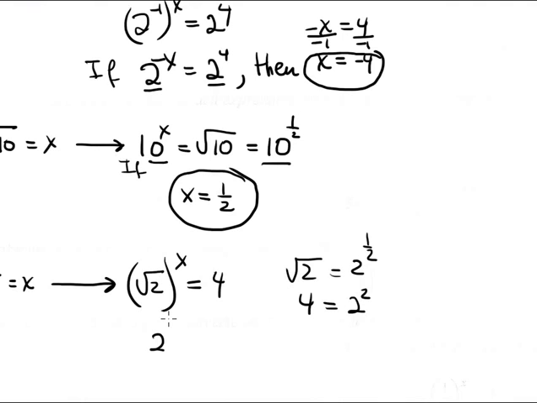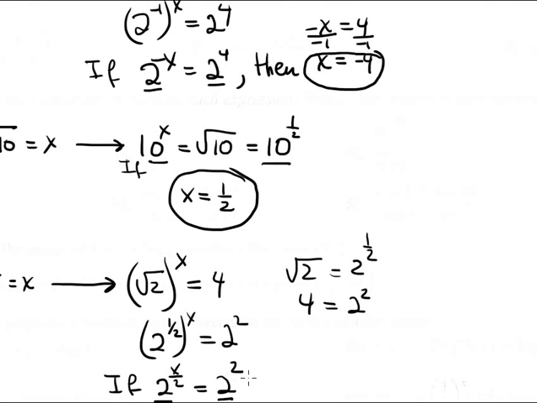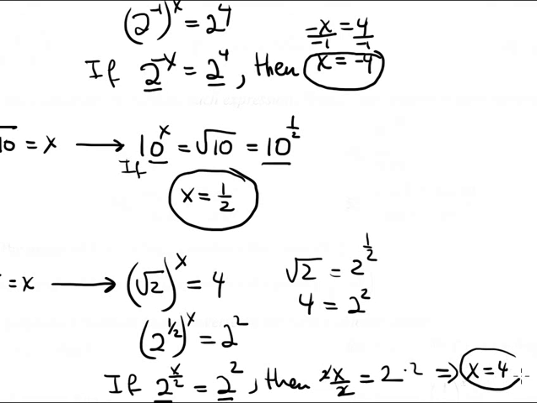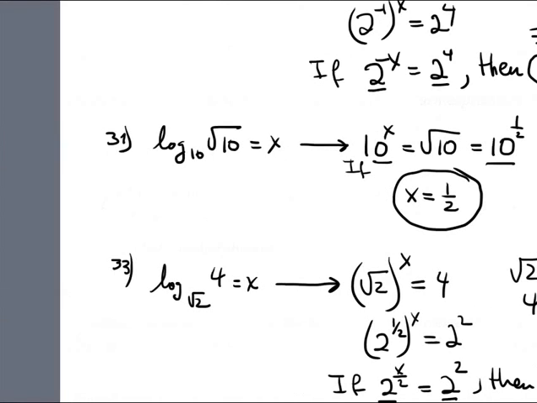This is 2 raised to the 1/2, raised to the x, equal to 2 to the second. So you multiply the exponents: 2 to the x over 2 is equal to 2 to the second. The base is the same, so the exponents are the same. Now multiplying by 2 both sides, the answer then is x equal, cancel out this and this, 4. 2 times 2 is 4. That was number 33.